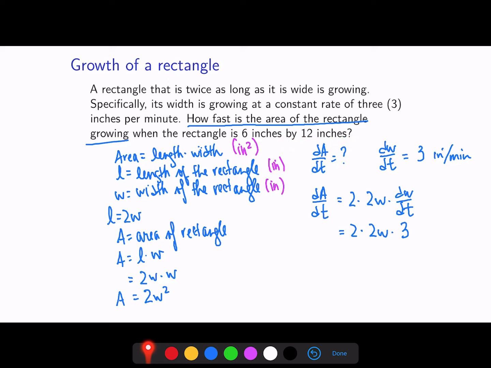Well, the length is twice the width, so here my width must be 6 because my length is 12. So this tells me W must be 6. So that's what we're going to plug into our equation here. 2 times 2 times 6 times 3. So that's 4 times 6 is 24, times 3 is 72.